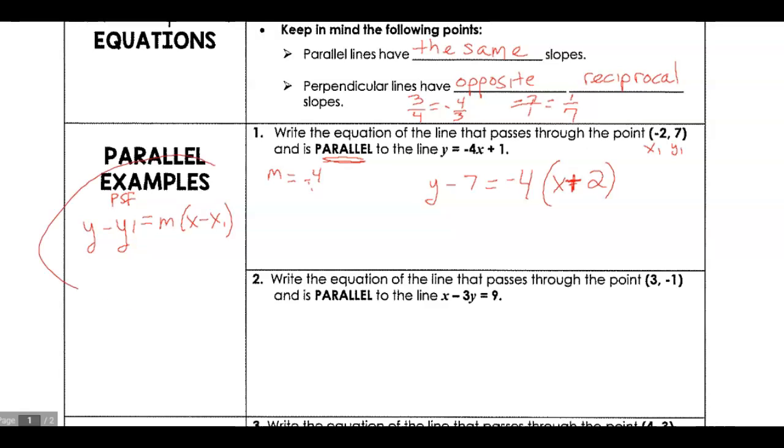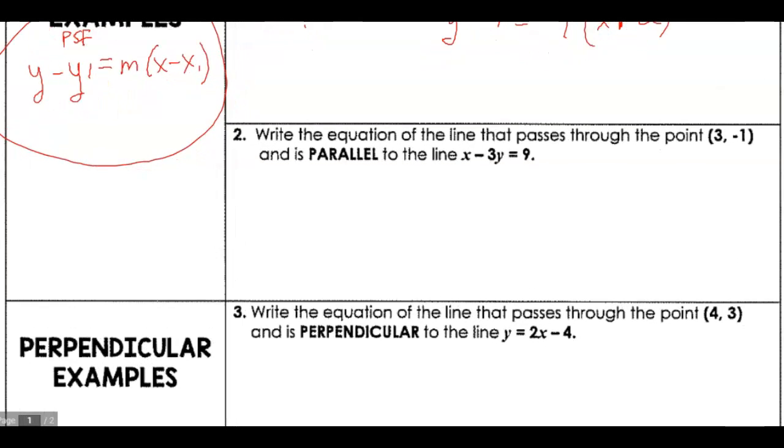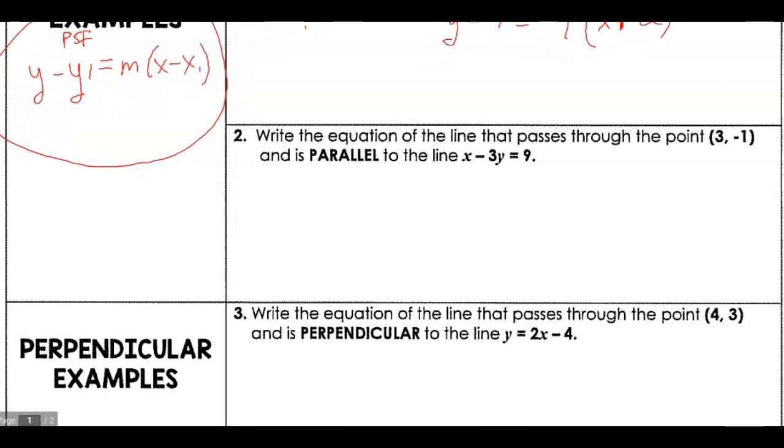On your assignment today, this is the equation you're going to use. I'm going to go a little further on number 2, just because it's the first day of this lesson. First thing you have to do on these, you always have to get them into y equals mx plus b form. This one is not.